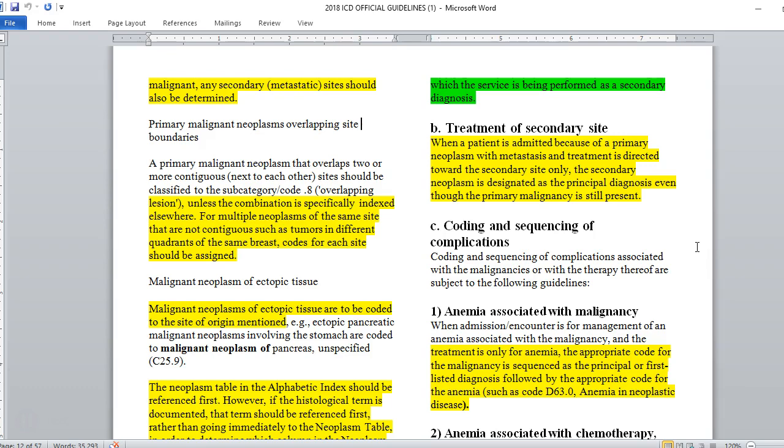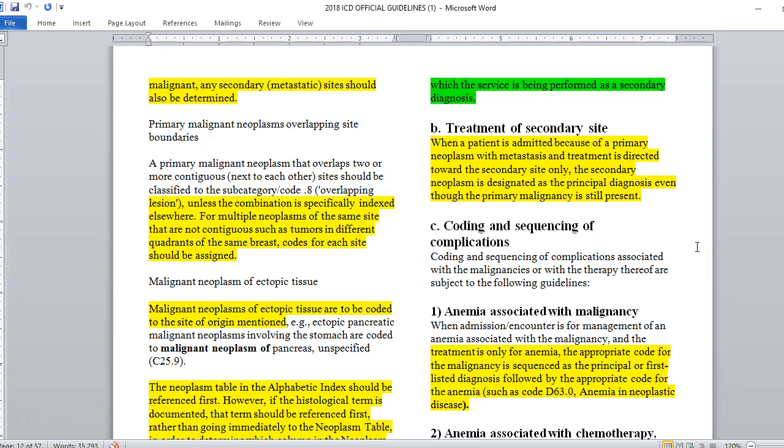So again, when patients have more than one tumor, we need to be very clear in the documentation what is happening today and on which tumor, okay? And then, of course, as we've been talking about, when it comes to the tumors themselves, we need to know, are they benign, malignant, in situ, or uncertain behavior, and are they primary or secondary, okay?